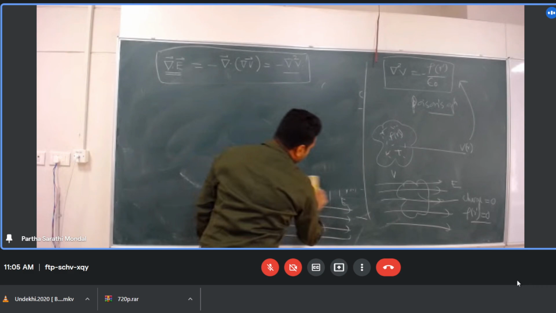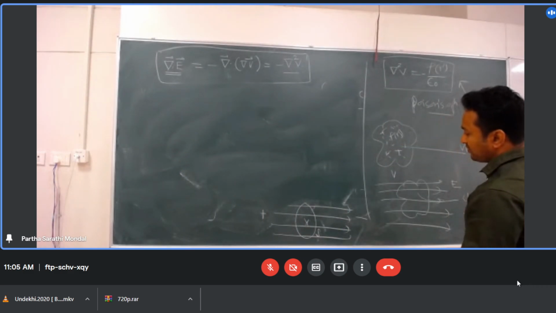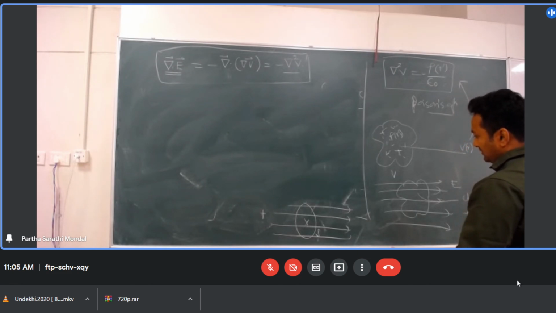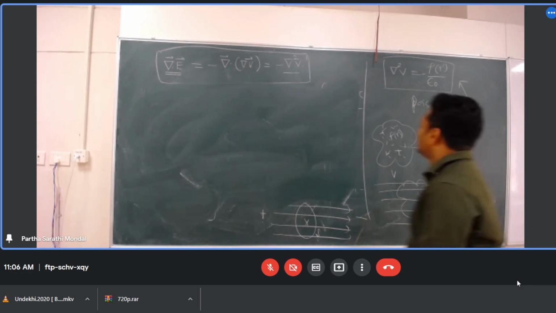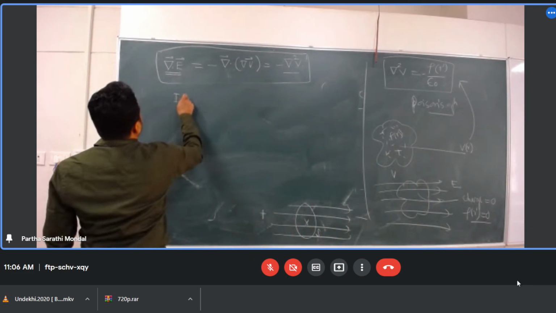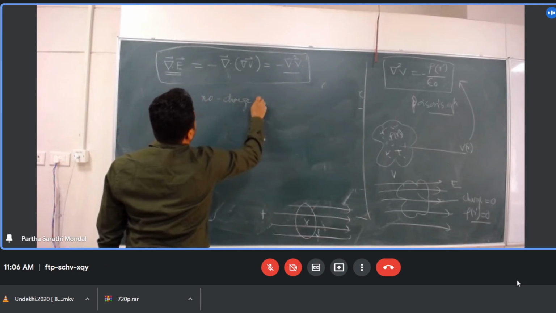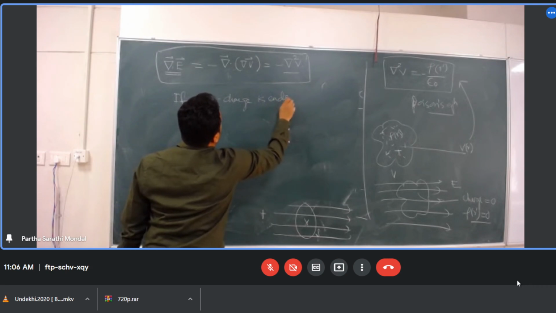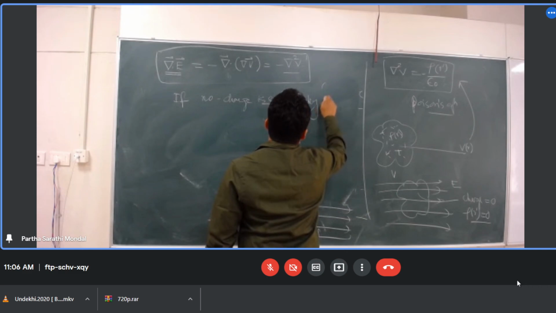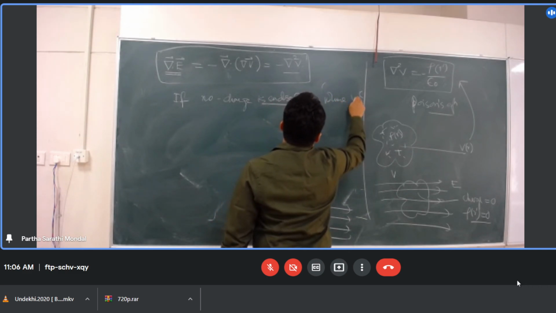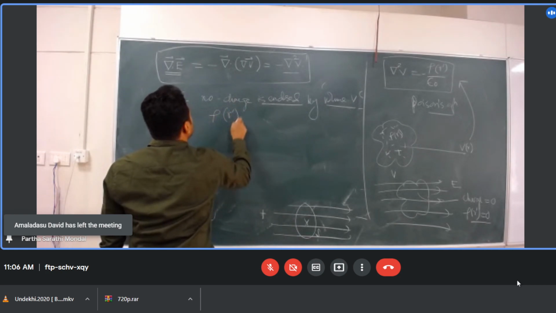But if the situation is such that there is no charge enclosed by the volume although there exists an electric field, in that case, if no charge is enclosed by the volume V, then you can write rho is equal to 0.